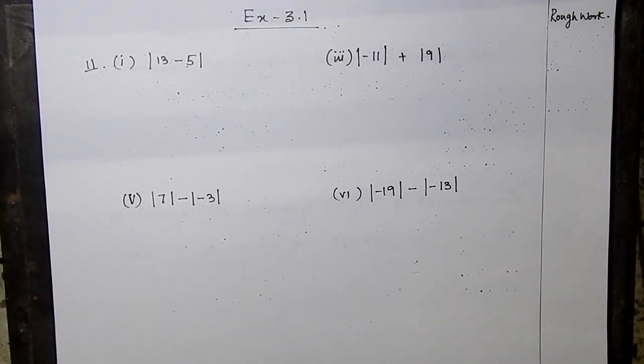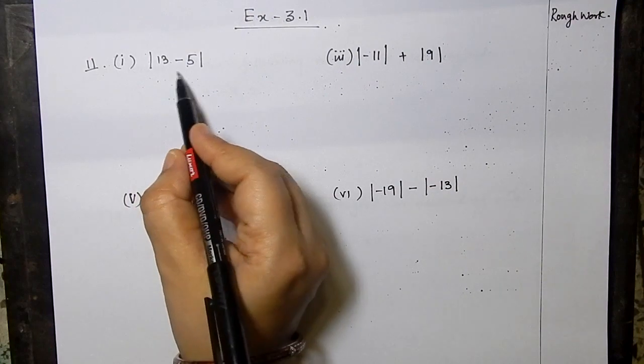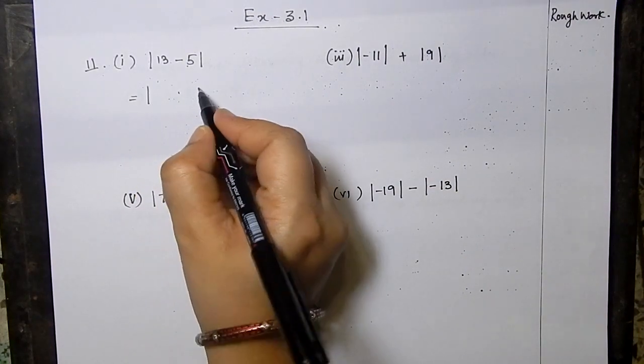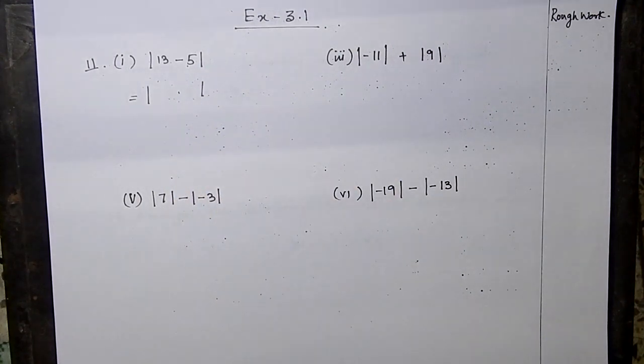Let's move on to question number 11. In question number 11, we have used a lot of absolute values. Absolute value of 13 minus 5. So the mathematical operation is inside the absolute value. So 13 minus 5, we have to do the subtraction first, and then we will find out the absolute value.